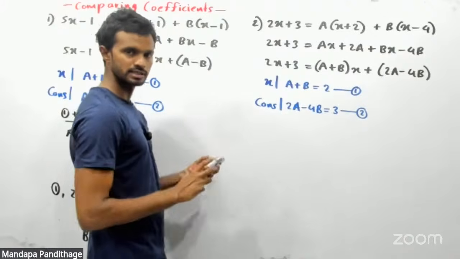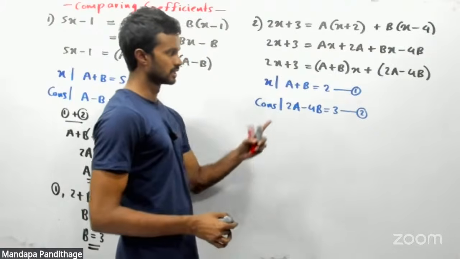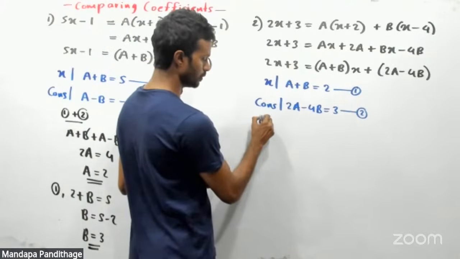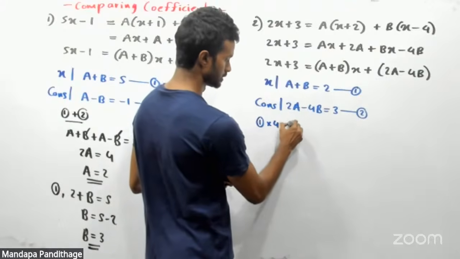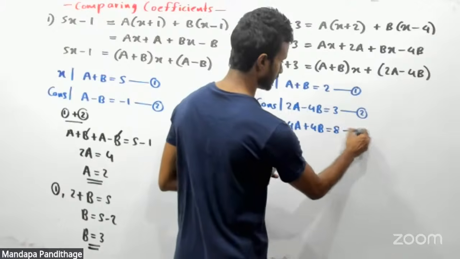And then it's a normal simultaneous equation simplification, which you have done even in O levels. So you can multiply the first one by 4, which gives you 4a plus 4b is equal to 8, and I'll take it as 1 dash.